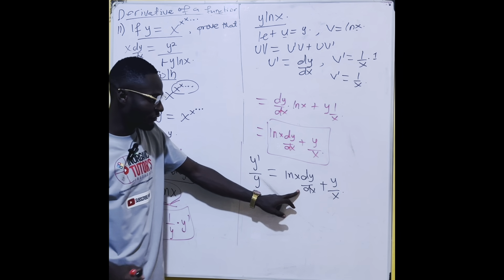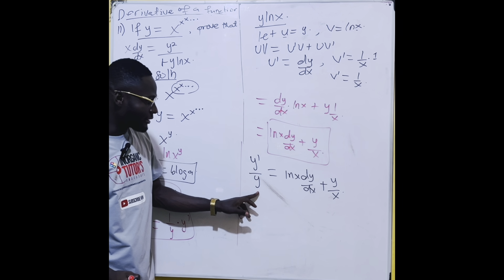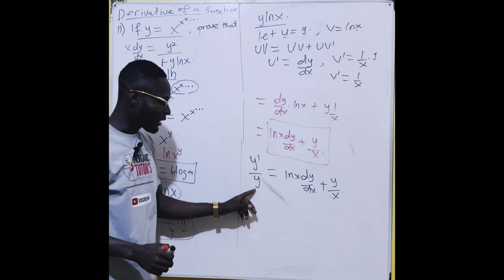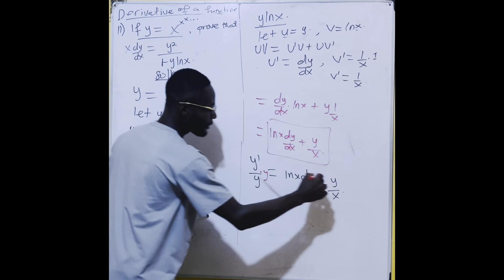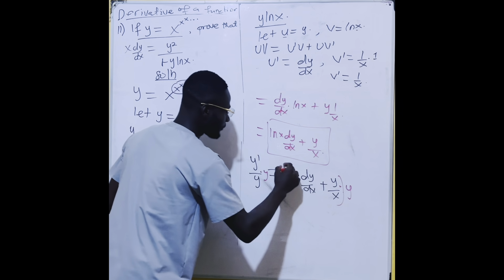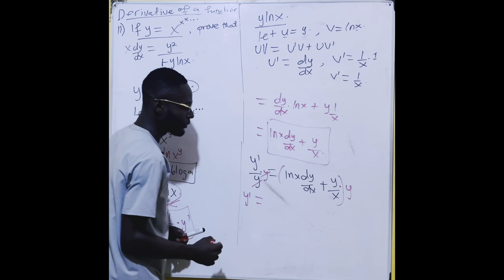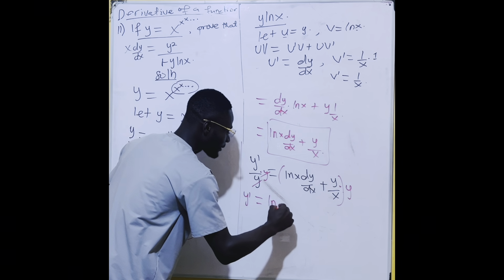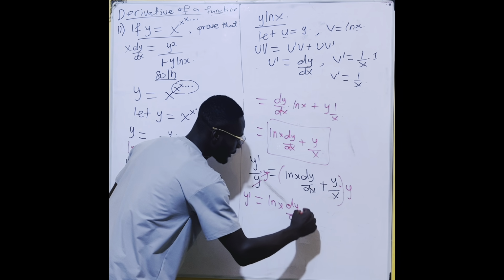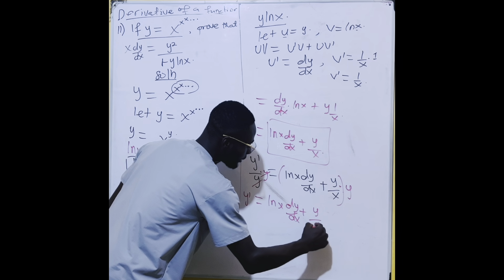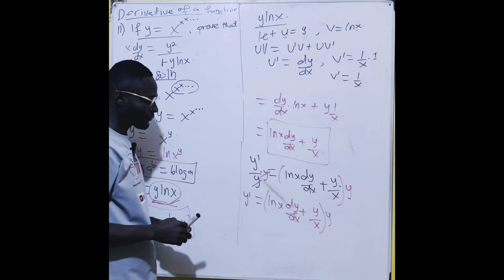So this we have here, we know very well that we can throw this y here so that we have this times y, this times y, right? So this cancels this, and we have y prime equal to ln x dy/dx plus y over x, multiplied by y, right?